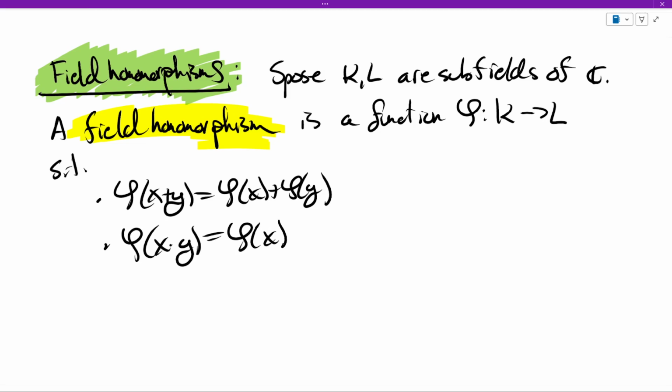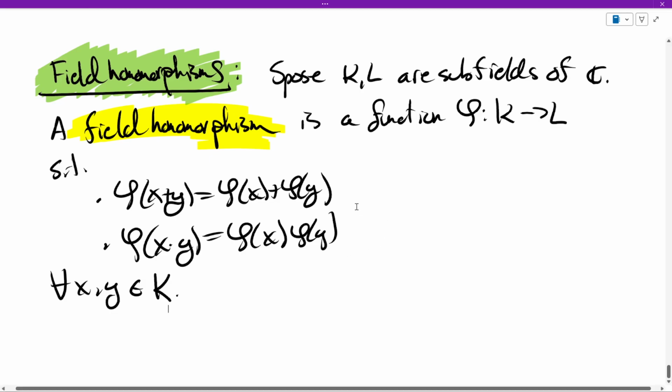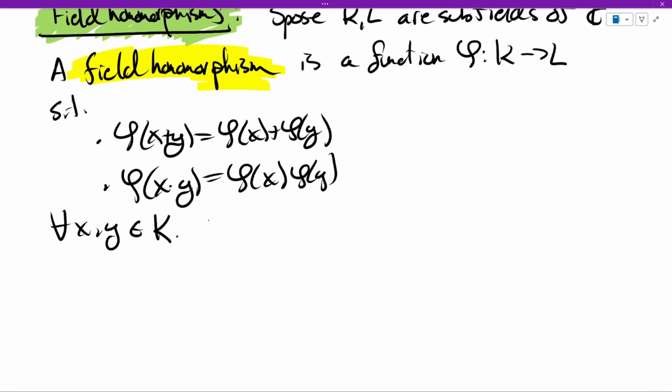So it breaks up under multiplication for all x, y that are inputs, and the inputs belong to K. All right, so that's what a homomorphism is.